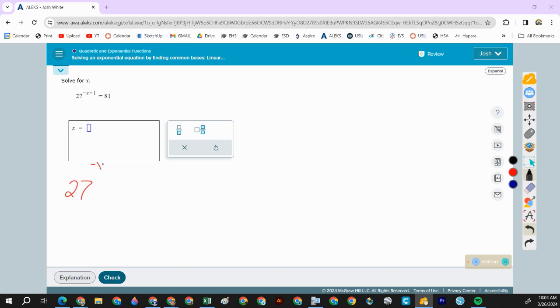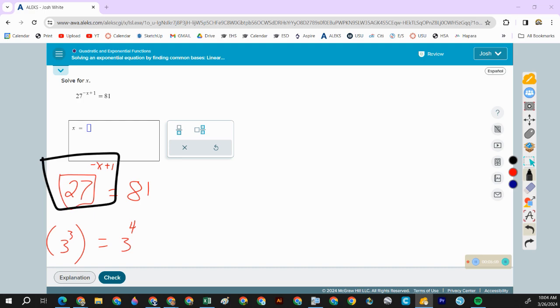So, 27 to the negative x plus 1 is equal to 81. Well, 27 is really just 3 to the third. And 81 is really just 3 to the fourth. So this value here is 3 to the third to the negative x plus 1.